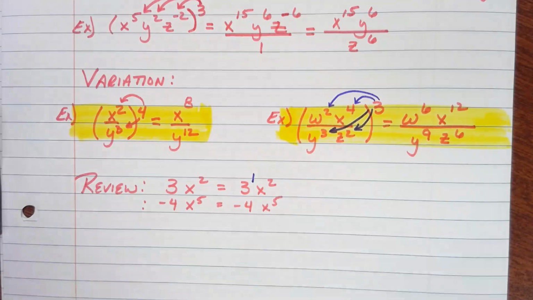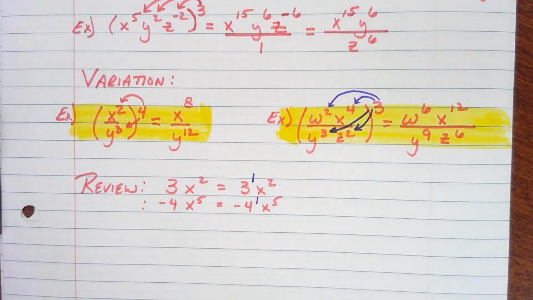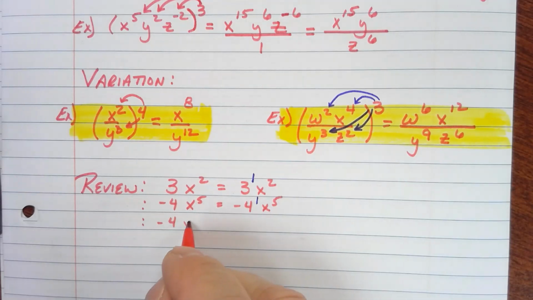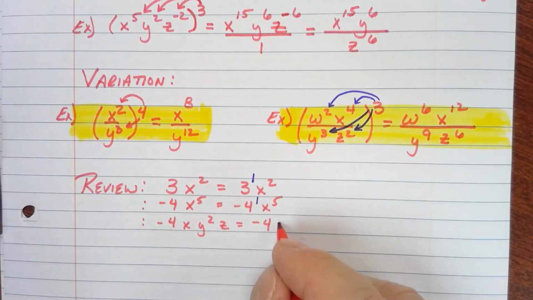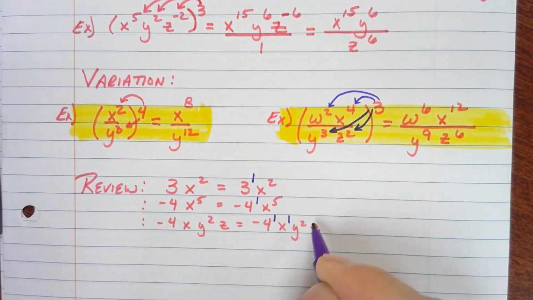Again, what we need to understand is that the exponent goes on the base, not on the negative sign in front of it. And again, lastly, if I have this happen more than once, I have to put in all of the ones. There's a 1 here, a 1 here, and a 1 here.